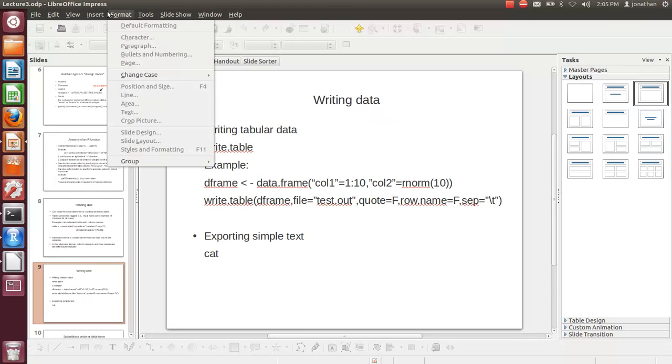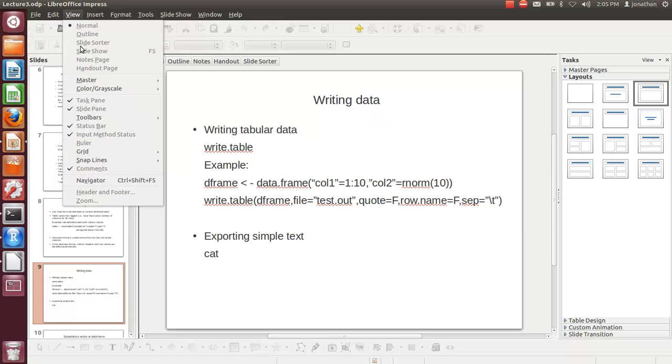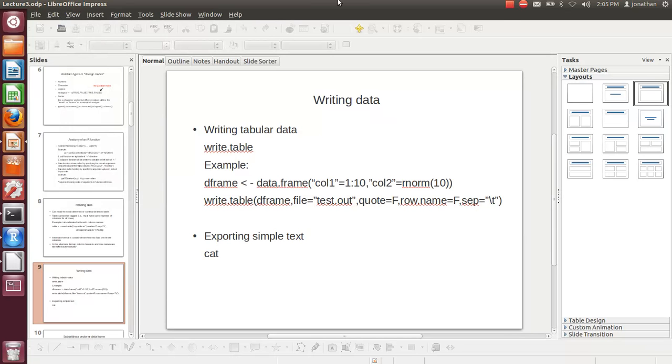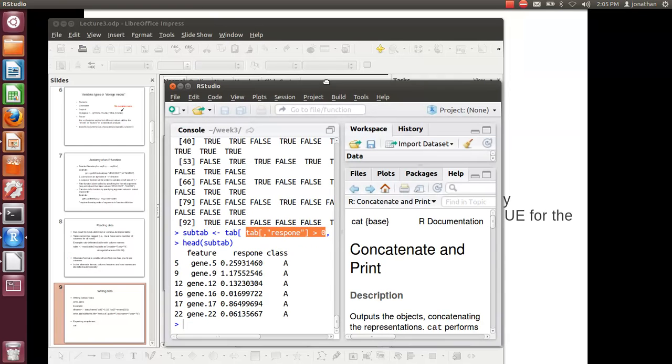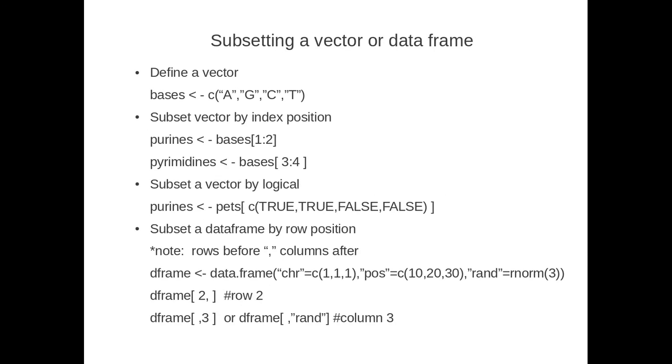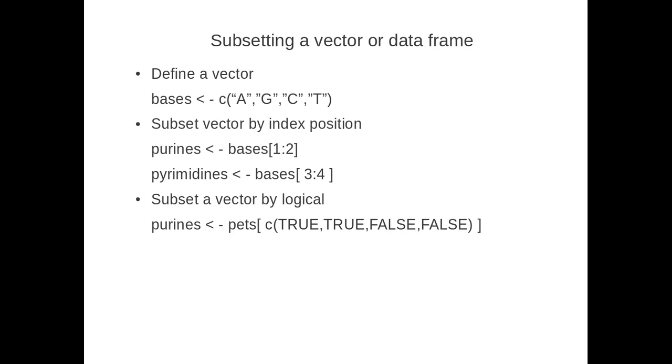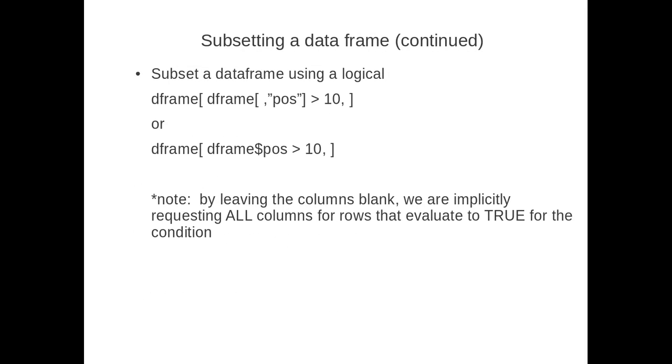Let's go back here. We're about to wrap up this first lecture, but let me find my slideshow. Sorry for the confusion. One other thing: sometimes, to make the syntax a little easier, the $ here is the syntax for the name of the data frame and the name of the column that you want to subset on.